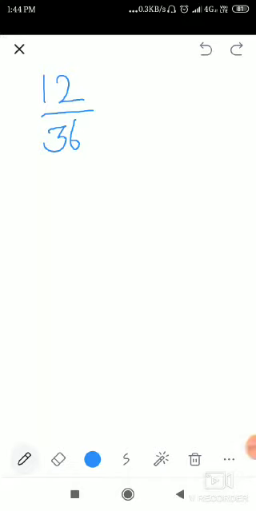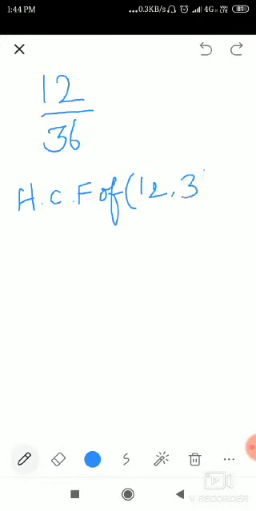You have to take the HCF of 12 and 36. So first find the HCF of 12 and 36.